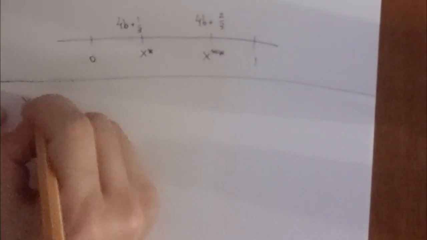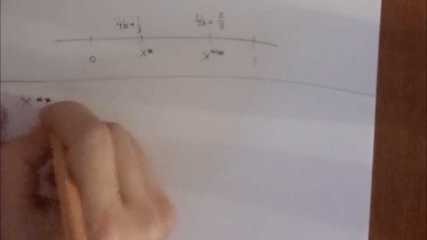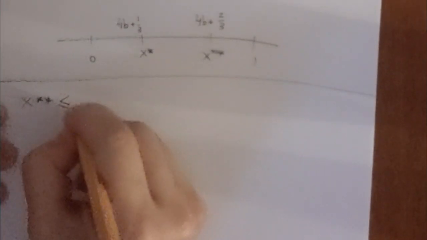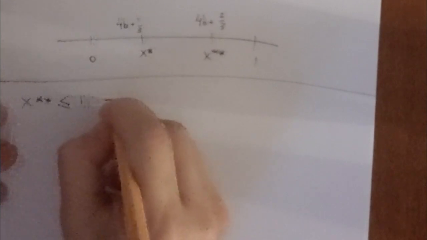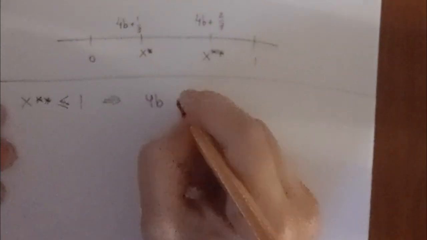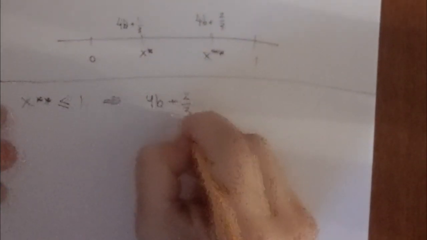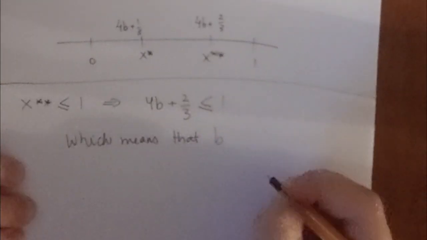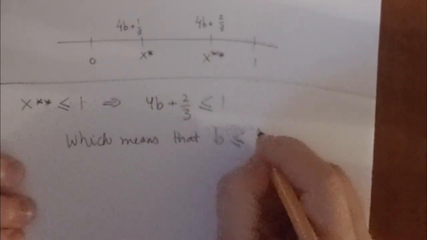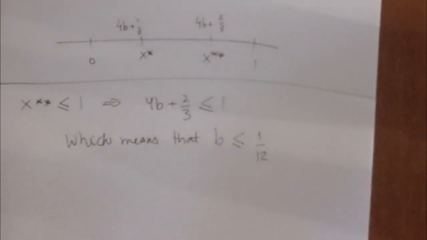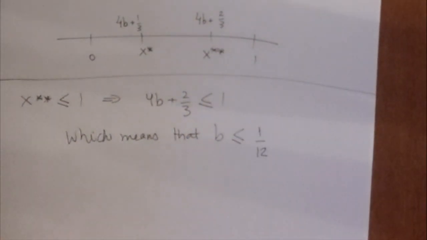We have to remember that X star star is by definition less than or equal to 1, which means that 4B plus 2/3 is less than or equal to 1. B is less than or equal to a 12th. A partition that gives us 2 intervals, our B is a 4th. But now that we have 3 intervals, our B is a 12th.